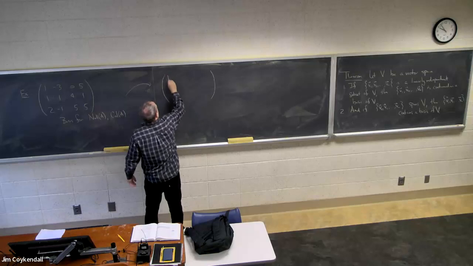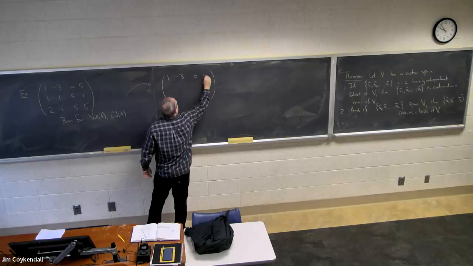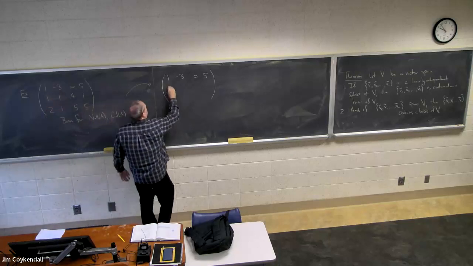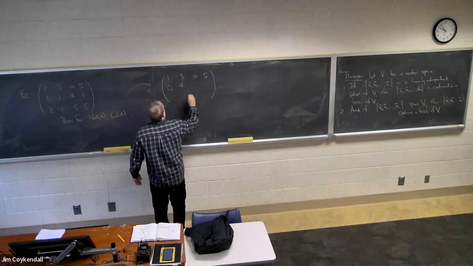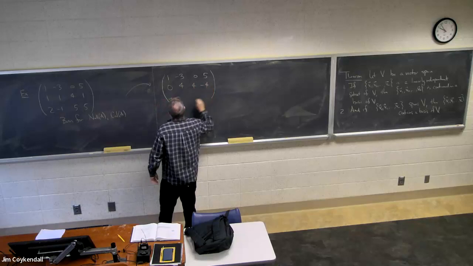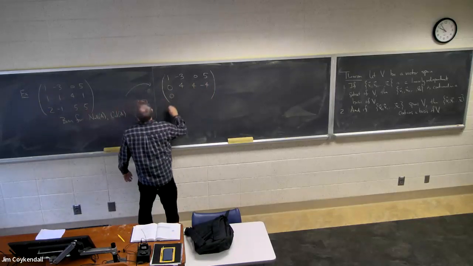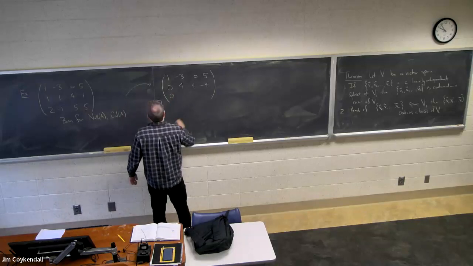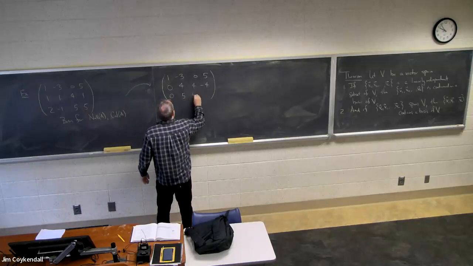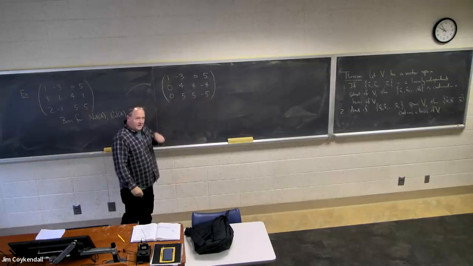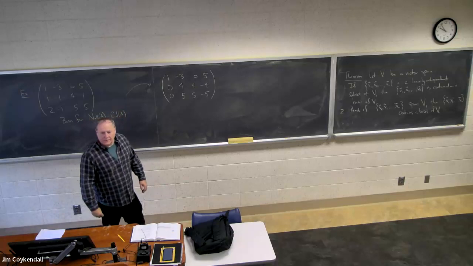Let's take the first row, take this 1, multiply by minus 1 and add. 4 minus 4. And then times minus 2 and add. 0, 5, 5, minus 5. That worked out nicely, didn't it?